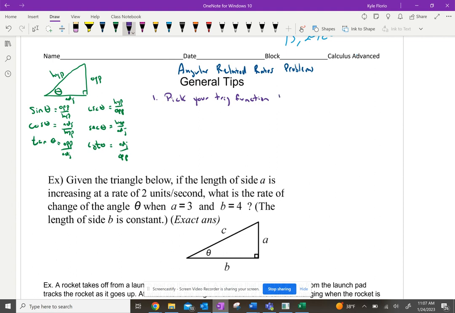So you're going to pick a trig function, and you want it to include the rate we want to know. And the other piece of the triangle that we want is going to be the constant. This will make sense when we do an example. But pick a trig function that deals with the rate that we know and the constant.